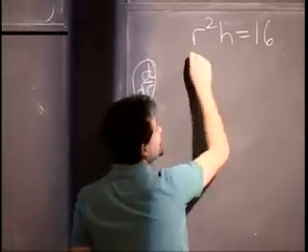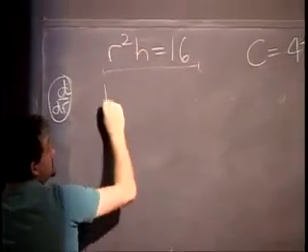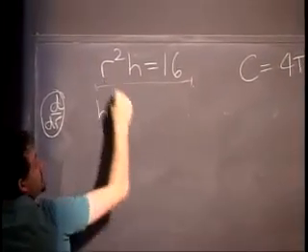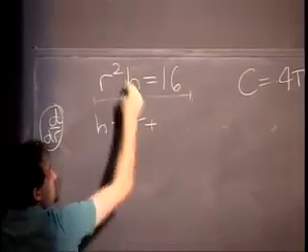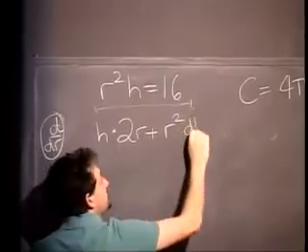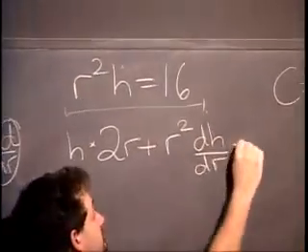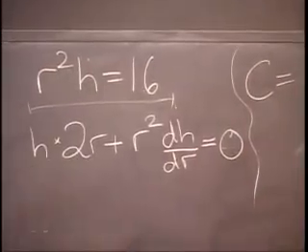Well, if you differentiate this implicitly, you get h times the derivative of r squared, which is 2r, plus r squared times the derivative of h with respect to r, equals the derivative of 16, which is 0.